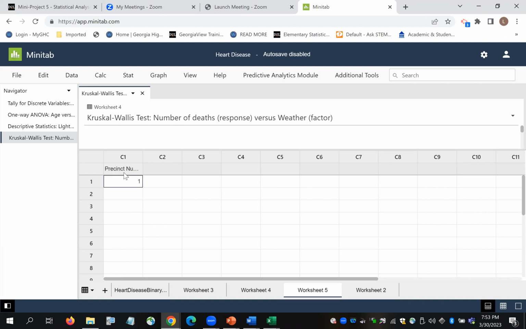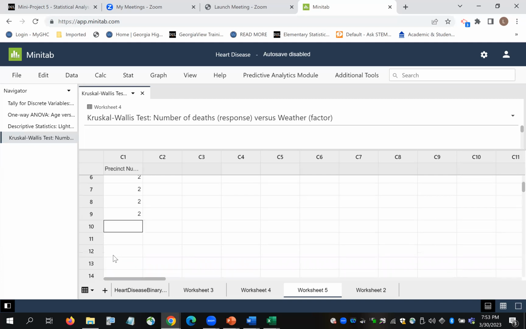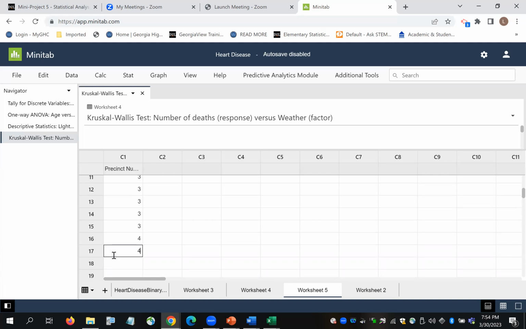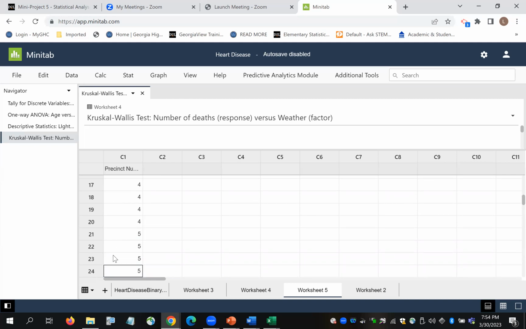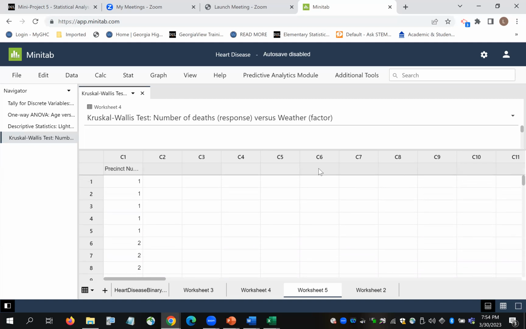For each precinct I have 5 values, so I have to enter 1 five times, then 2 five times, then 3 five times and 4 five times. So you have to number and do the repeats.